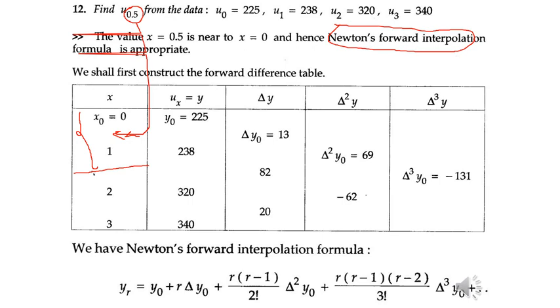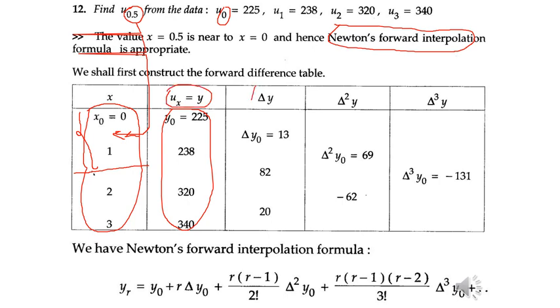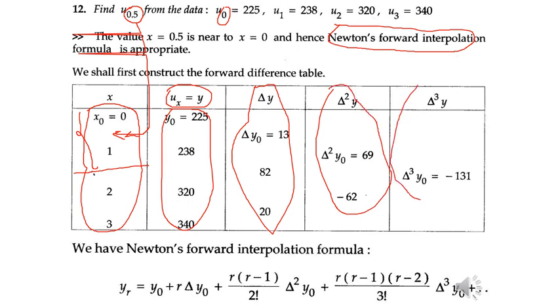Now, as I said, the values of x are taken in this x column, and values of y we have taken here, and we have treated u(x) as y. So this is the delta y column, as we all know, delta square y column and delta cube y column.